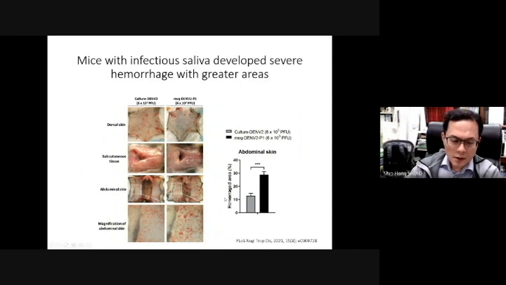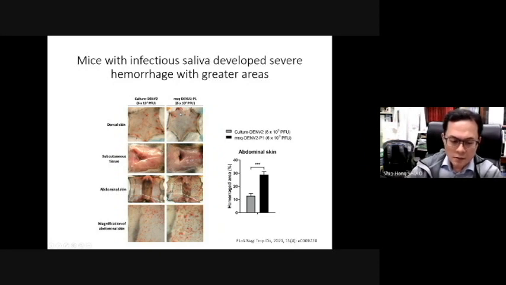So we used another experiment to further explore the involvement of mosquito saliva in potentiating dengue virus hemorrhage-inducing potential. Here, infectious mosquito saliva was placed on mosquito cell culture, and the supernatant of the cell line was collected at 7 days post-infection. The viral titer of the supernatant was determined by a plaque assay.